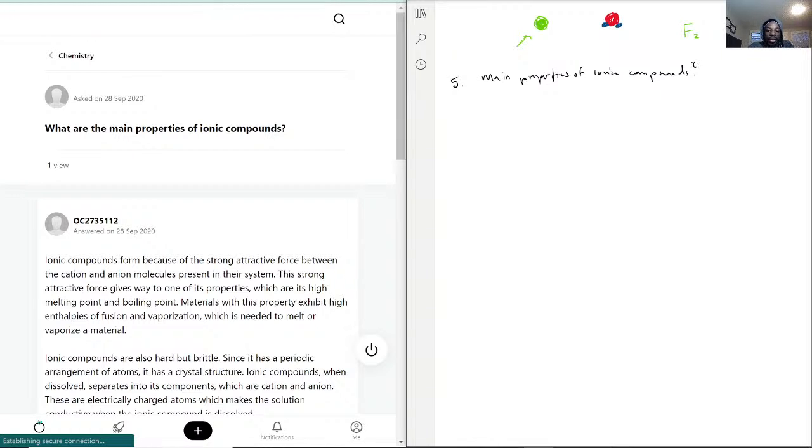Okay, so with this, actually, the first property I like to always point out is what they're actually made of. Ionic compounds, by definition, have to be a metal with a non-metal. Okay, that is one of the properties that you should be looking at first glance.